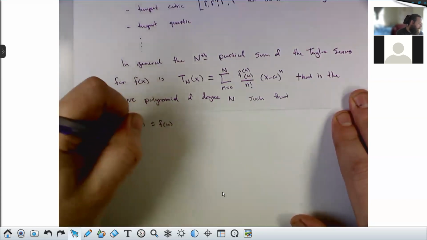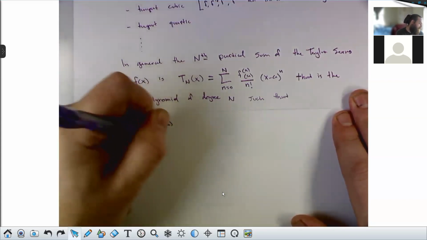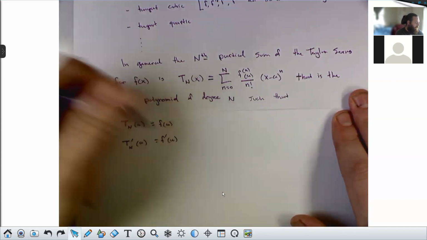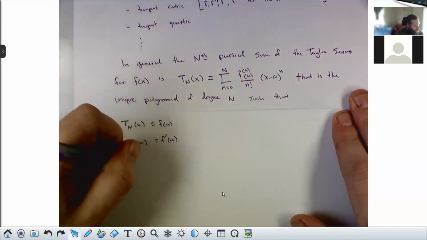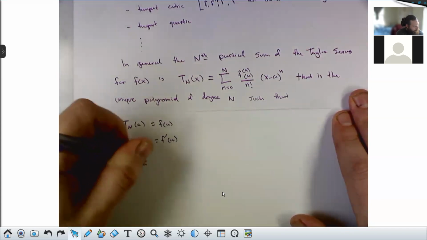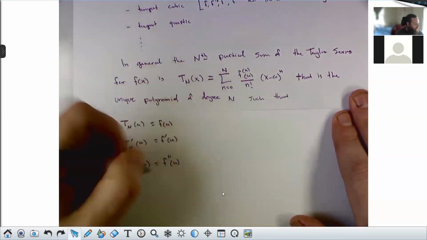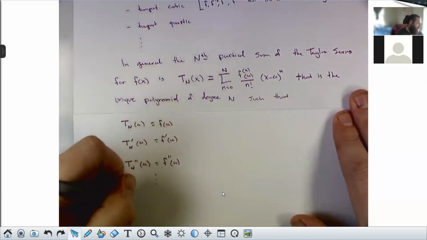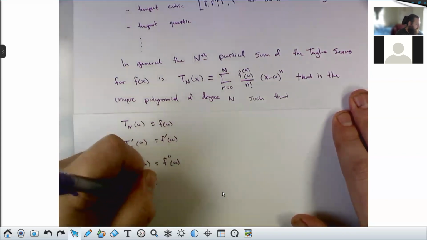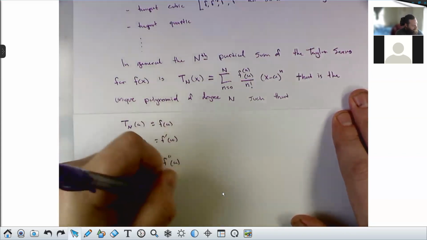Tn primed of a is equal to f primed of a. Tn double primed of a is equal to f double primed of a. And you go all the way out to the capital Nth derivative matches.